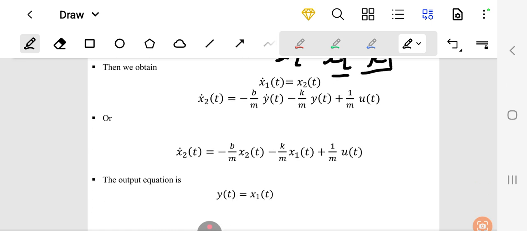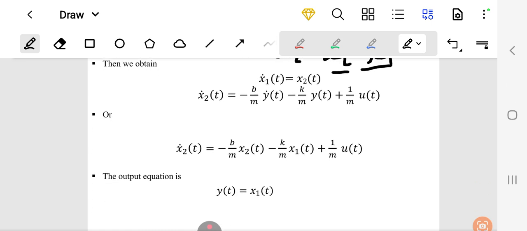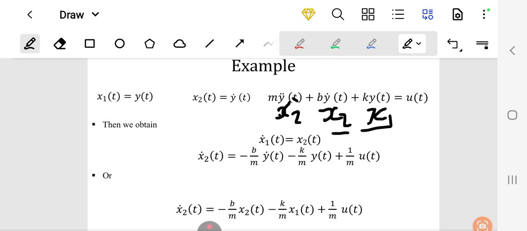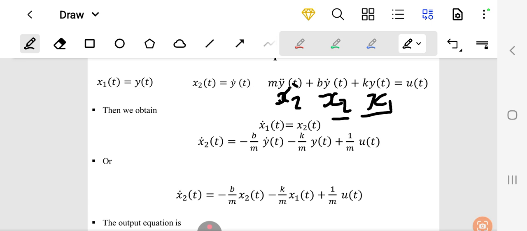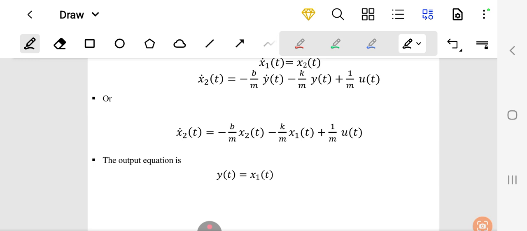We will have x2 dot equals negative b over m x2 minus k over m x1 with the negative signs as we transfer them to the right side, plus 1 over m times u as we divide all the equation by m. Therefore we have x2 dot equals negative b over m x2 minus k over m x1 plus 1 over m times u, and the output is the first state x1 of t.